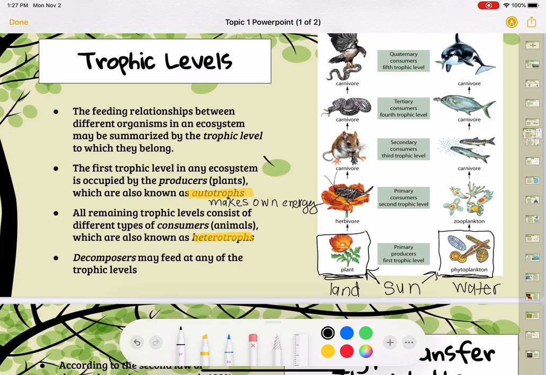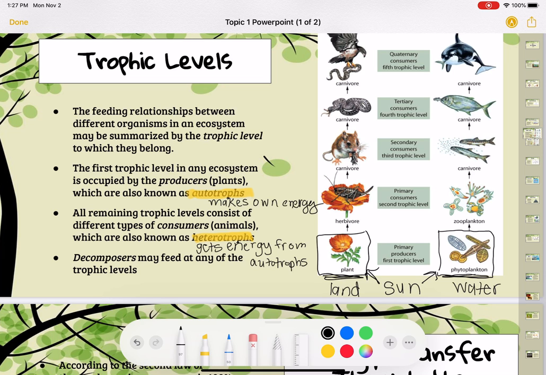So we get our energy from autotrophs. Sorry, I skipped a little bit ahead there.